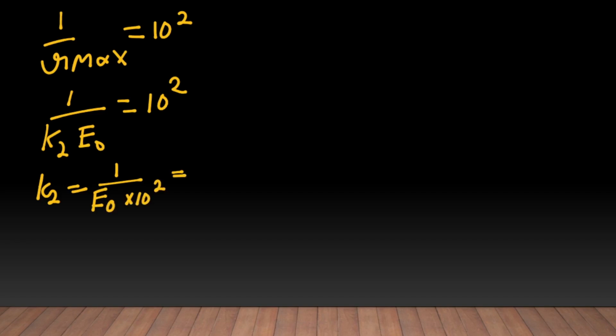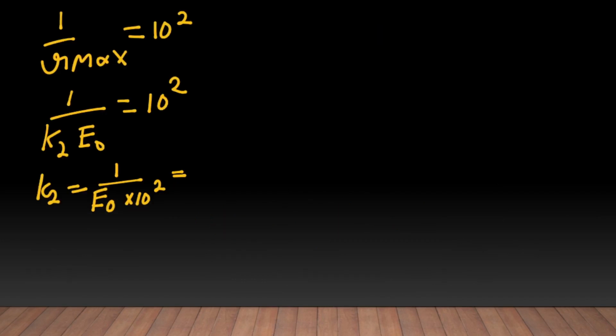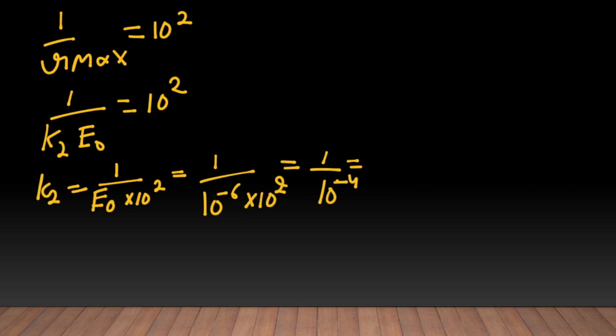The E naught concentration value is given to us. It is 10 raised to the power of minus 6. 10 raised to the power of minus 6 into 10 raised to the power of 2, which becomes 10 raised to the power of minus 4 in the denominator. The numerator will become 10 raised to the power of 4.